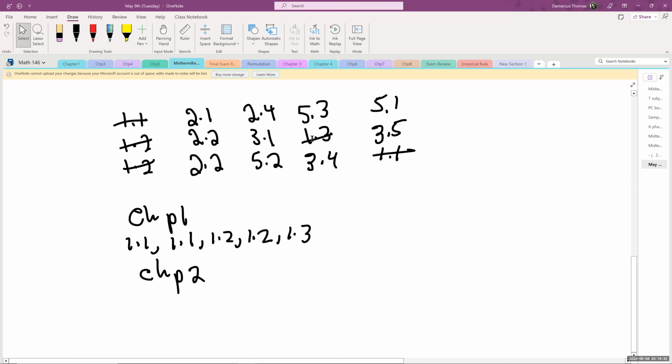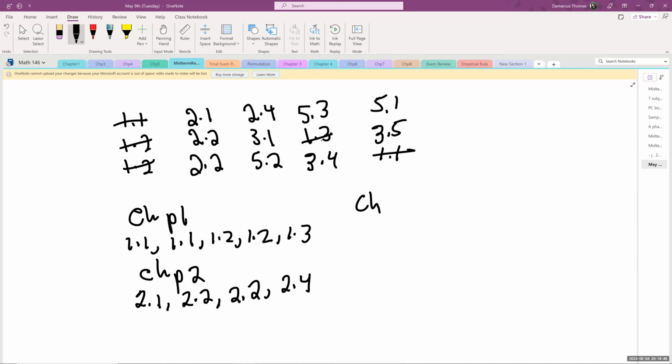Chapter 2, it looks like we have 2.1, 2.2, another 2.2, and a 2.4. From chapter 3, there are 3 questions, it looks like.